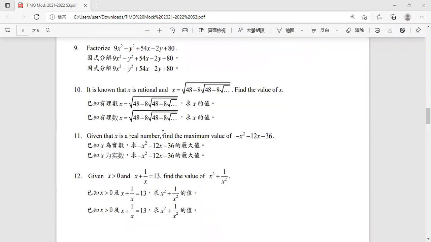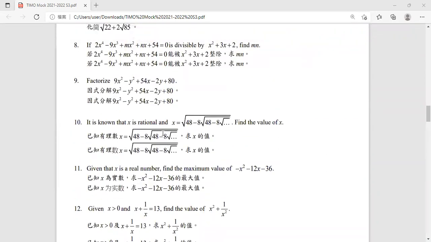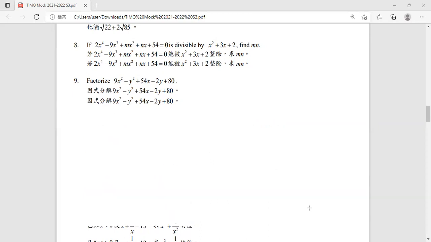Okay. Now question 9. Factorize this one. This can be done by 2 methods, but I think I will use one method only, because the other method is very clumsy.